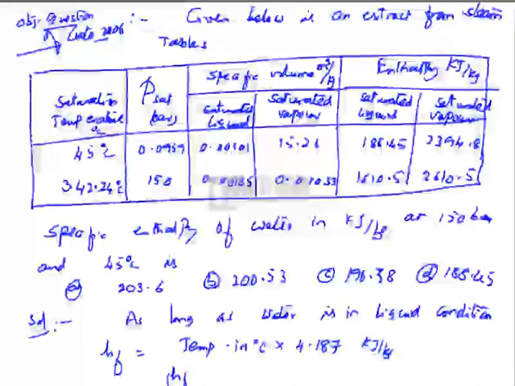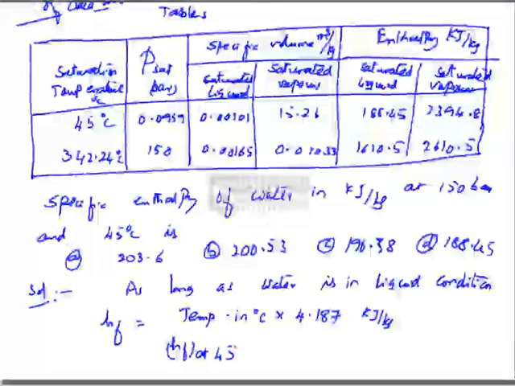Therefore, hf at 45 degrees centigrade is 45 into 4.187 kilojoule per kg.